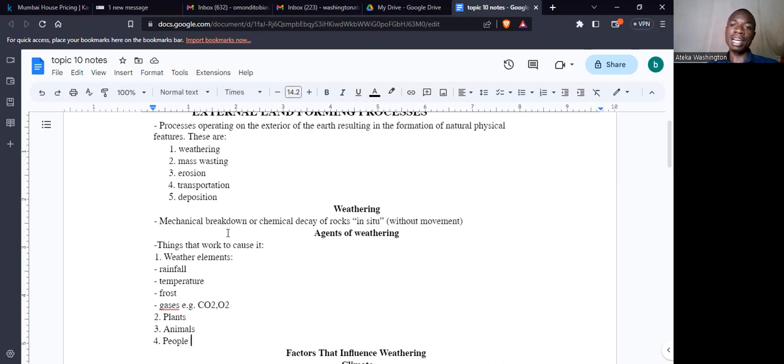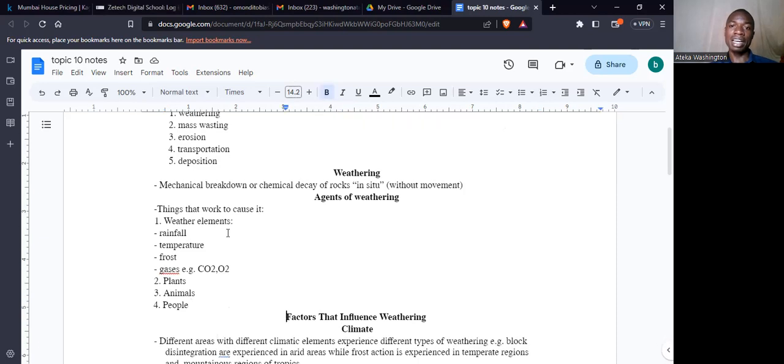Where this material comes from, having been eroded or weathered, there are features that will be formed there. We call them erosional features. Then where they are deposited, we also have features that will be formed there, and we refer to them as depositional features.